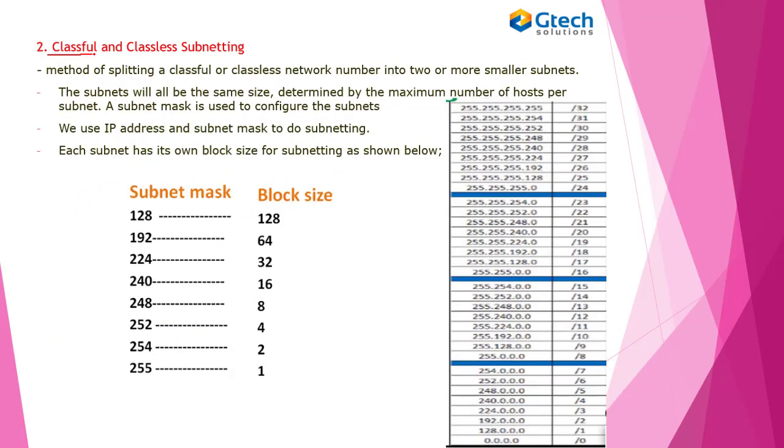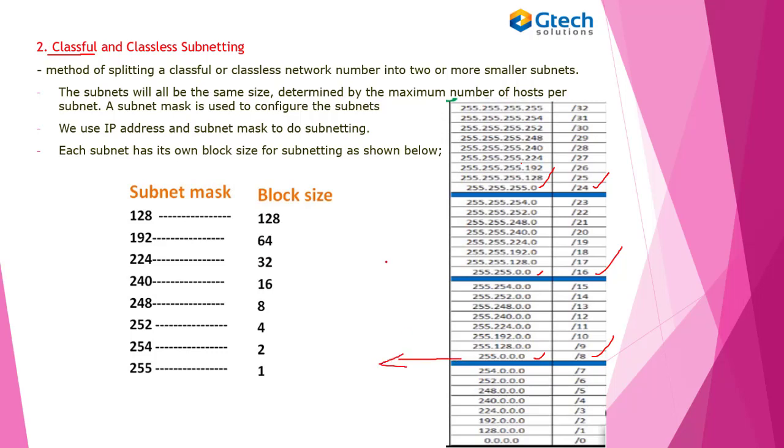An IP address is classified as a classful when its subnet mask is either /8, /16, or /24. Okay, when its subnet mask is those of a class A, B, C. If it is a class A IP address, then it's classful when its subnet mask is this one.